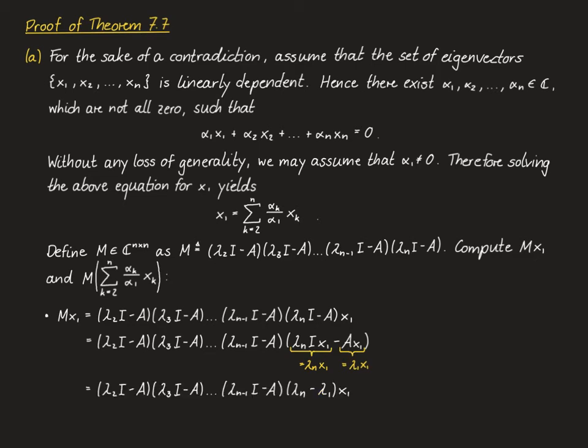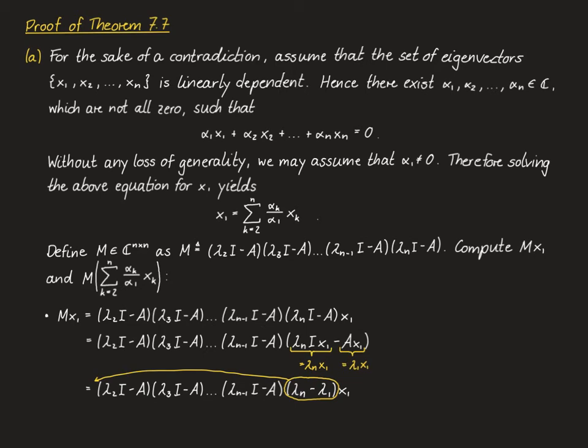Now, since lambda n and lambda 1 are both scalars, we can write this bracket here as lambda n minus lambda 1 times x1. And we can pull this scalar in front of the entire expression.